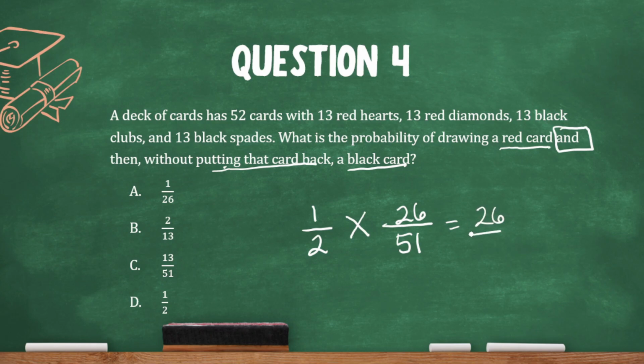So we've got 26/102, and then we can go ahead and reduce that fraction. We could divide the top by 2 and the bottom by 2. So the top by 2 would be 13, and then the bottom by 2 would be 51. So our probability of having both of those events happen is 13 out of 51, C.